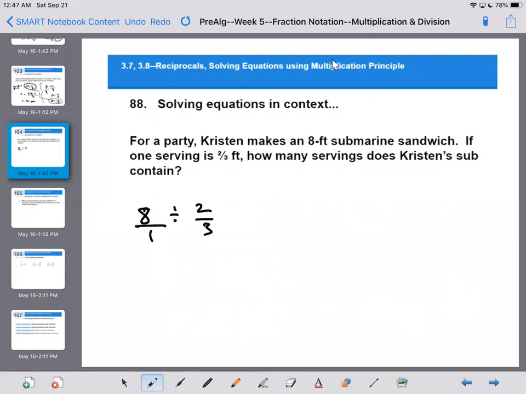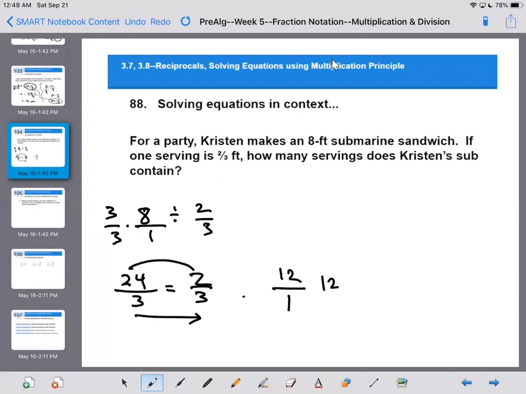Trying to get a common denominator, I'm just going to multiply this by n divided by n, which would be 24/3. That's the same as 8 divided by 2/3. 3 divided by 3 is 1, and 24 divided by 2 is 12. So you could have 12 servings using this method of 2/3 of a foot for each serving.